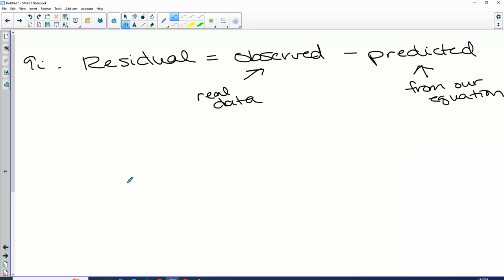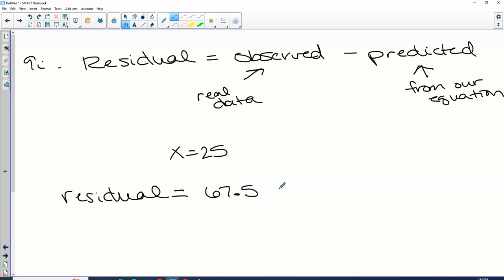So we are looking at when x was 25. When we're doing our residual, the real data, if I look back up at my table, when x was 25, the value was 67.5. Minus the predicted, which we did on part H, we plugged 25 into our equation, and we got 67.8321.